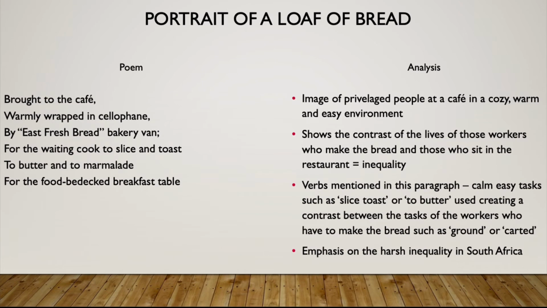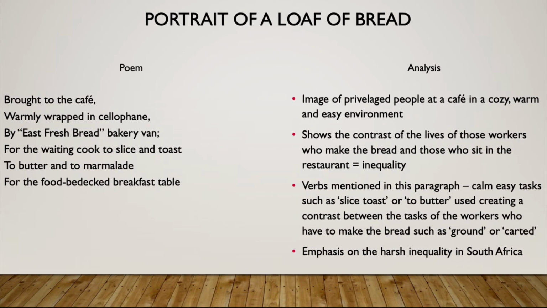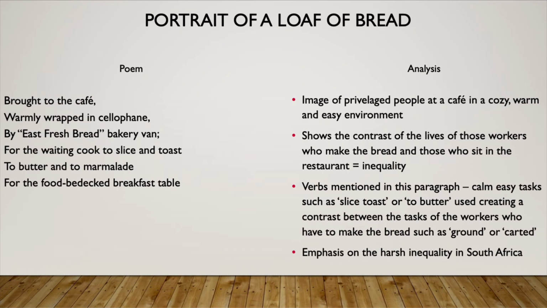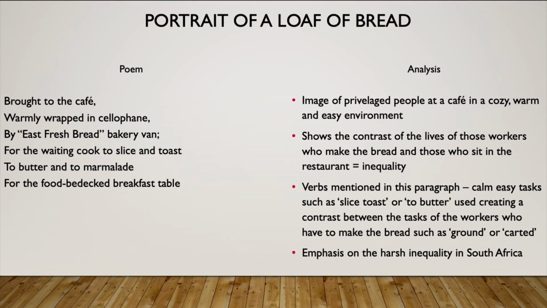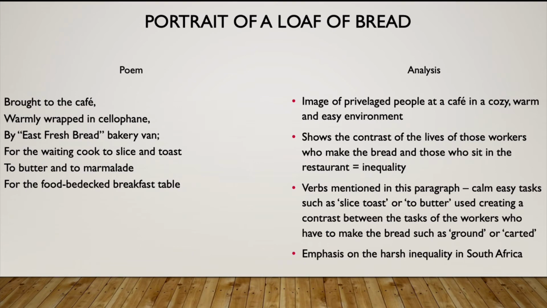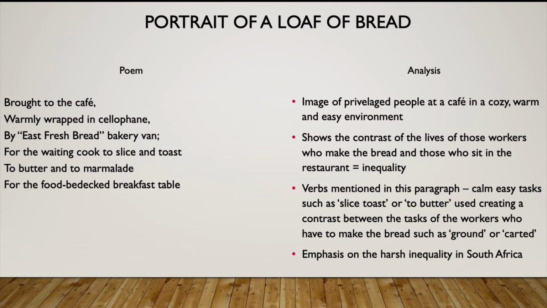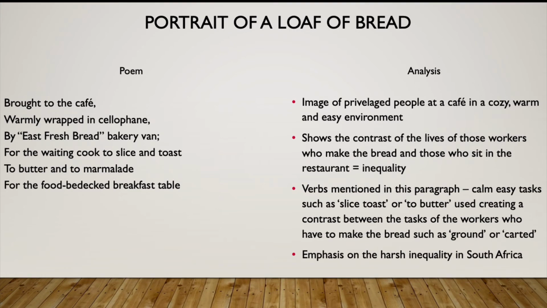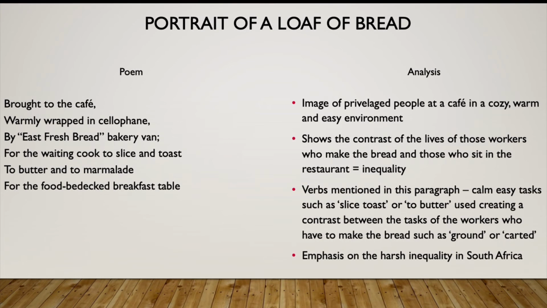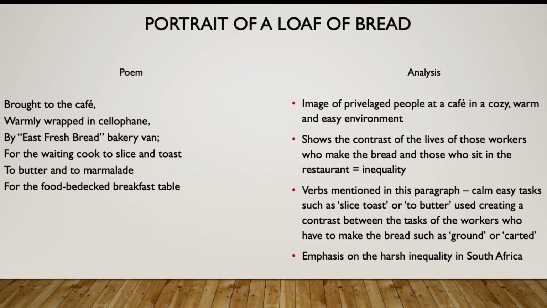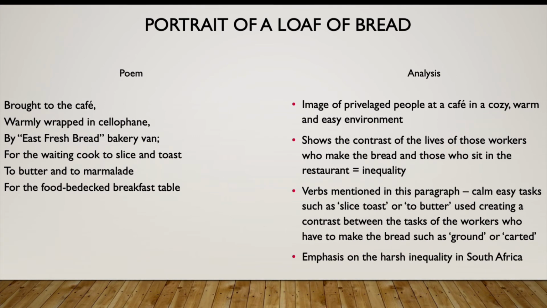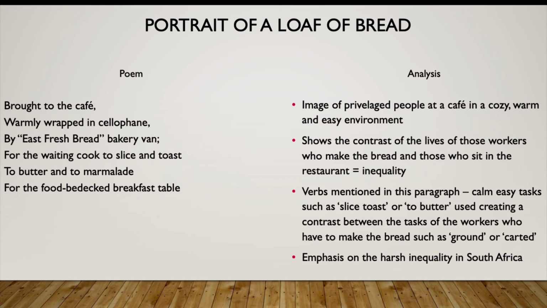There is a theme of inequality again, because the labourers are living in this harsh environment and they're not getting any of the special treatment that the people in the cafe are getting, like the cook slicing their toast, the butter, the marmalade, and the warm environment. The verbs mentioned in this paragraph, such as the slicing of the toast and to butter and to marmalade, are very different to the verbs that we mentioned in the first paragraph, such as ground or carted, which again emphasize the privileges that the people sitting in the cafe have and that the labourers don't.